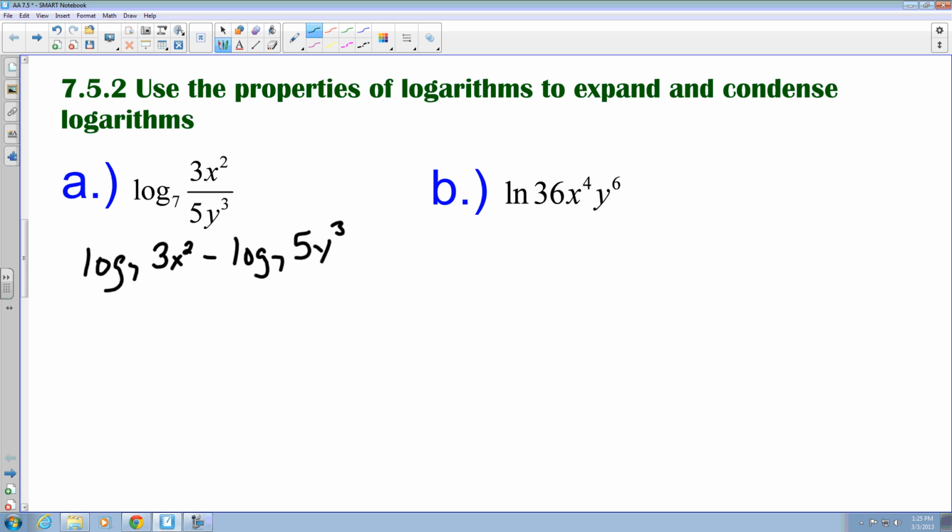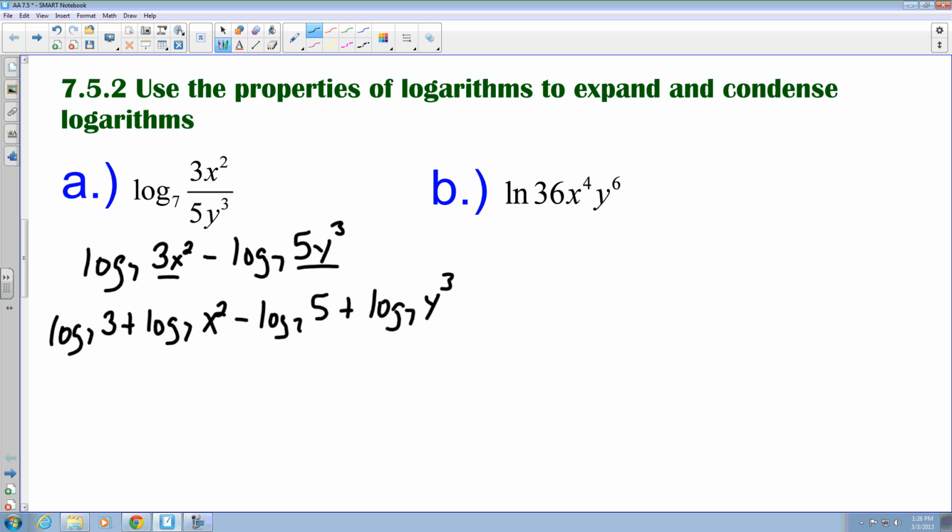Now, you may not see it right away, but this is actually 3 times x squared, and this one is 5 times y cubed. So I can use the product property for those. So now I can rewrite this as log 7 of 3 plus log 7 of x squared minus the quantity log 7 of 5 plus log 7 of y cubed.